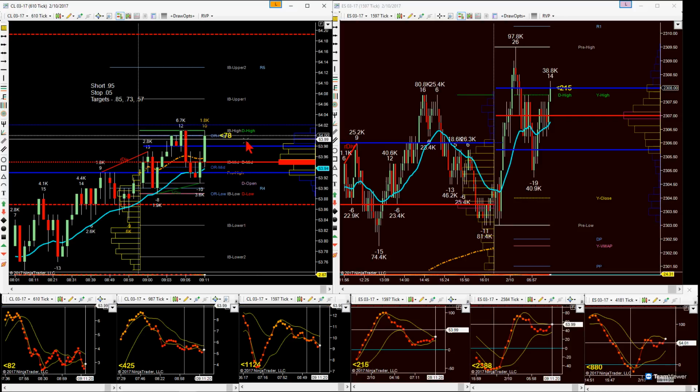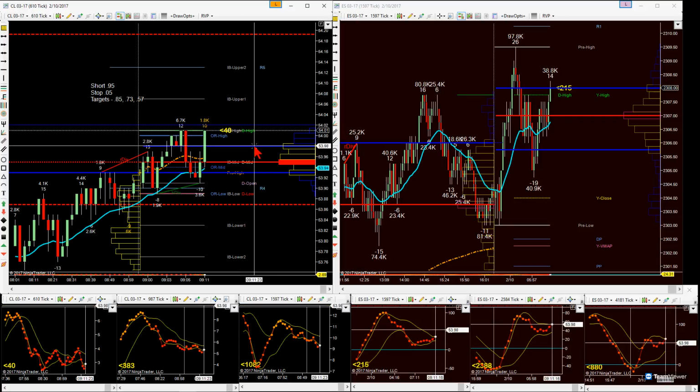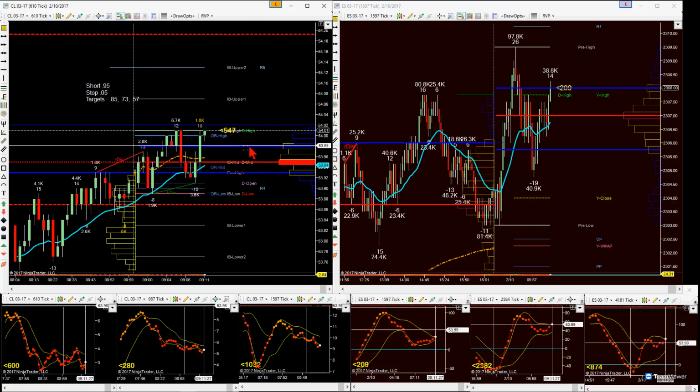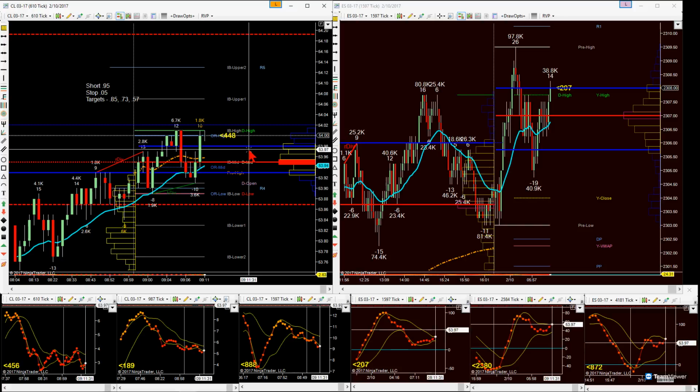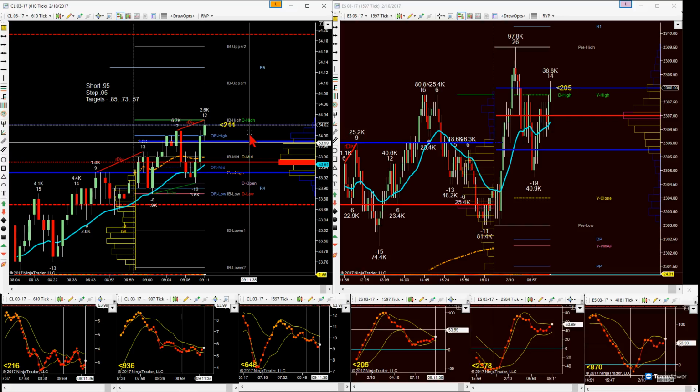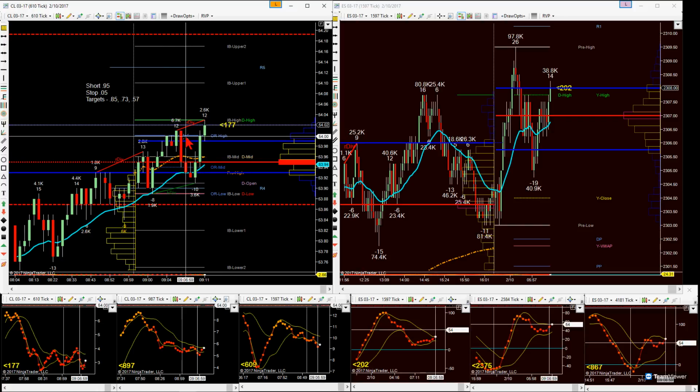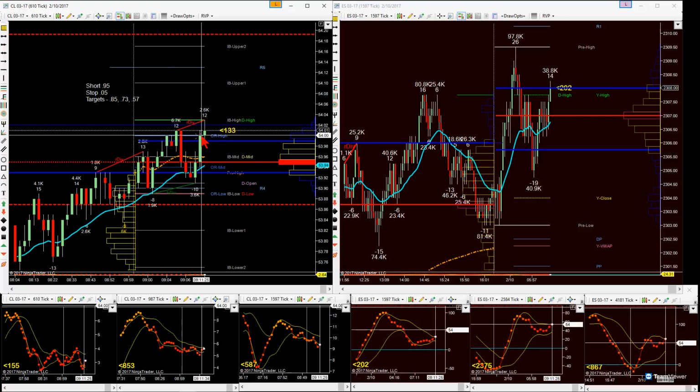If on the other hand you take a short now, which I'm not going to yet, it is setting up nicely though. Let's see if we can get a little bit of price action failure up here. So far, no. But you've got your negative divergence on the 610. You've lost it on the 987.